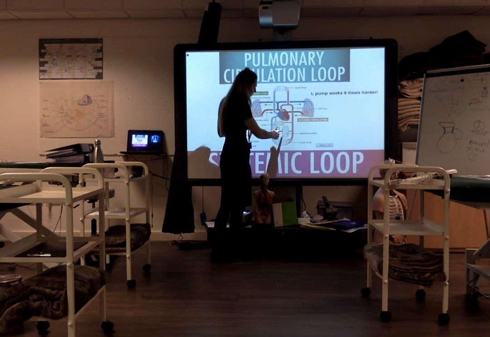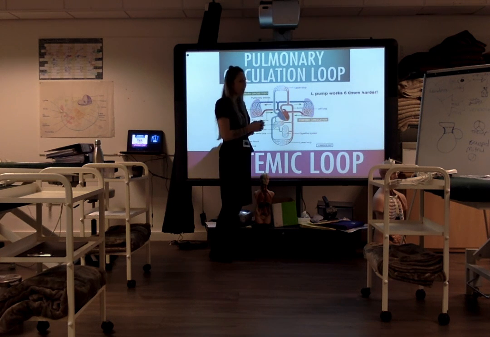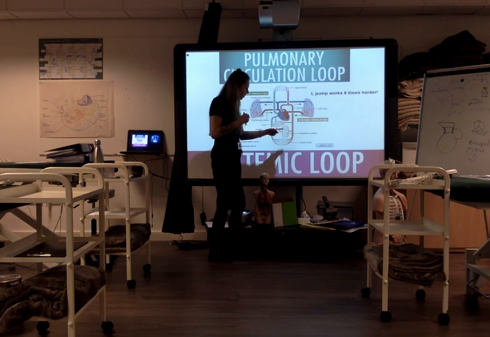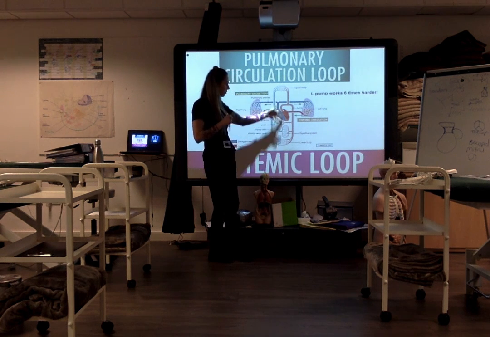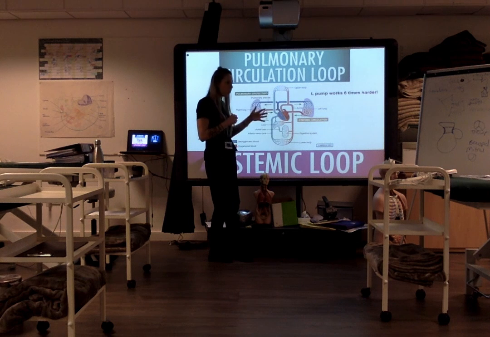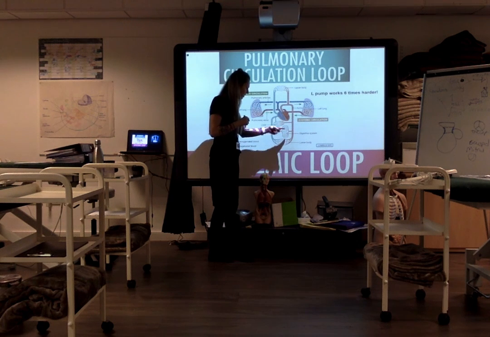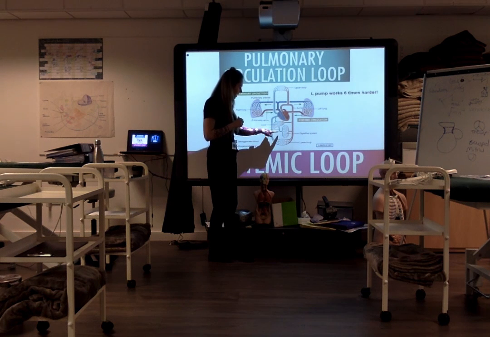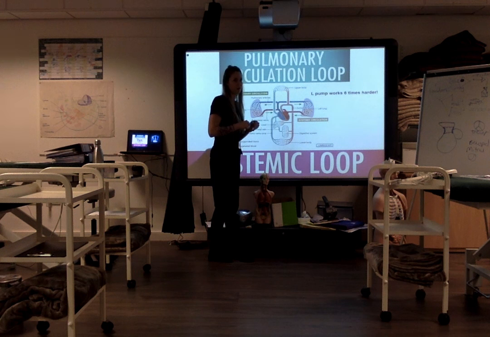It's going from an organ to an organ, and that rarely happens in the body. So if you ever see a portal vein, it's only going to be from the digestive system to the liver. It's not going from the heart to an organ, or from an organ to the heart. It's literally in that little chunk.